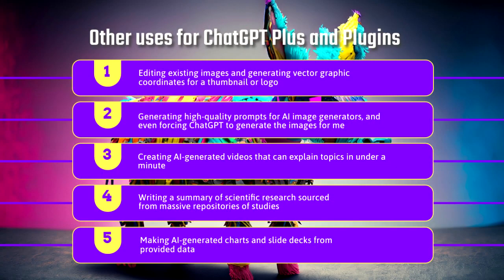A few things I've done with ChatGPT 4 and its plugins have included editing existing images and generating vector graphic coordinates for a thumbnail or a logo, generating high-quality prompts for AI image generators and even forcing ChatGPT to generate the images for me, creating a fairy tale storybook complete with AI-generated pictures, creating AI-generated videos that explain topics in under a minute, writing a summary of scientific research sourced from massive repositories of studies, making AI-generated charts and slide decks from provided data, and playing text-based games where I can adventure around an open world that fully responds to my prompts.